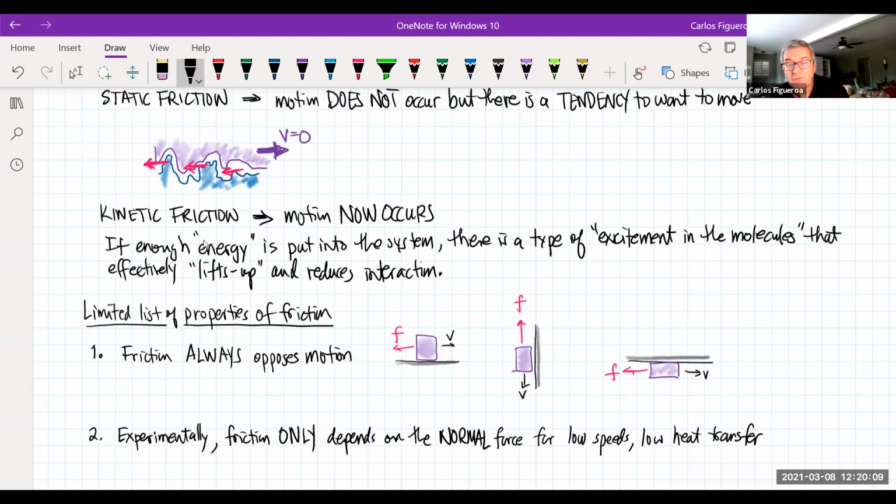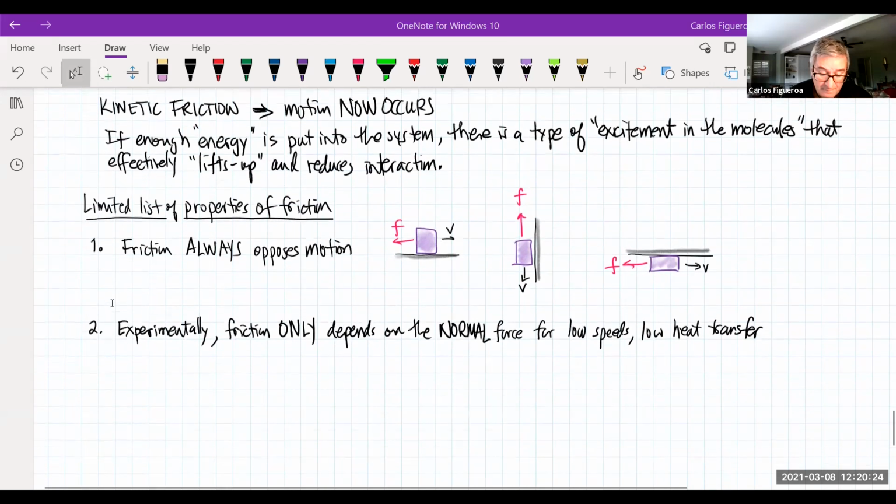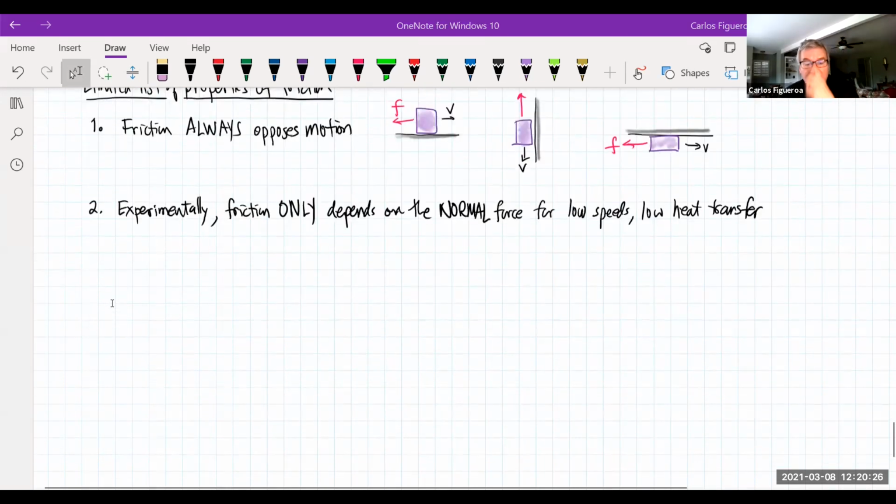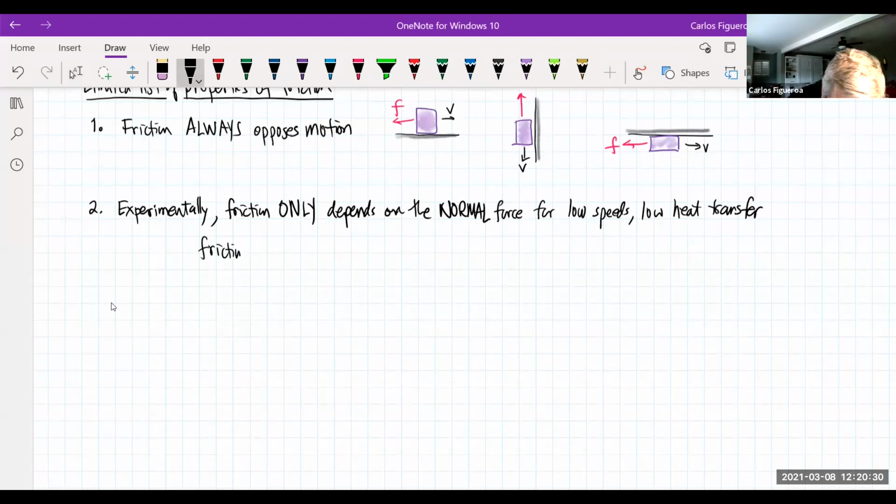Okay, so if I have low speeds and low heat transfer, then we can say that the frictional force is proportional to the normal.